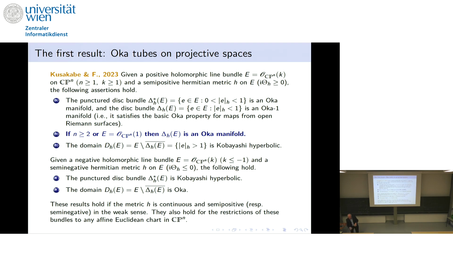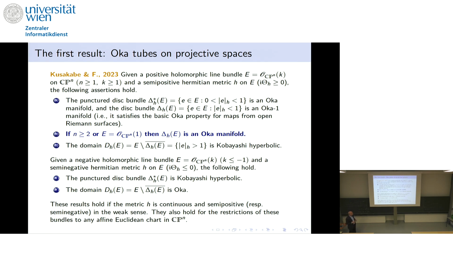So again, you see, you have a splitting in a semi-positive bundle. The tube is, of course, relatively compact, and it's OCA, and what is outside is hyperbolic. It's a little bit similar to the splitting we had in the Euclidean space.